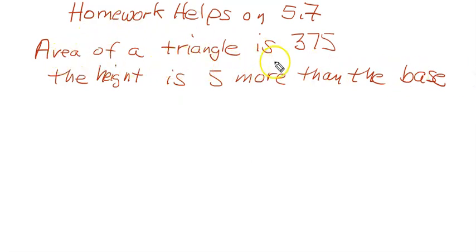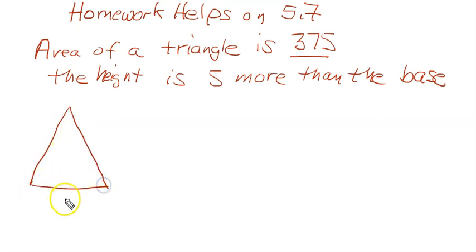The area of a triangle is this. The height is 5 more than the base. So again, the picture of a triangle might be useful. This is the base of a triangle, and this is the height.